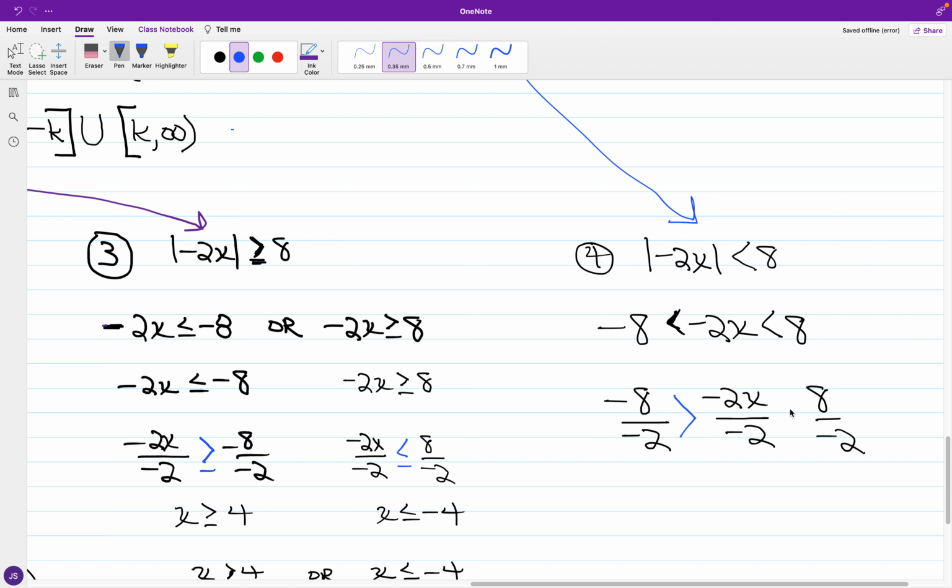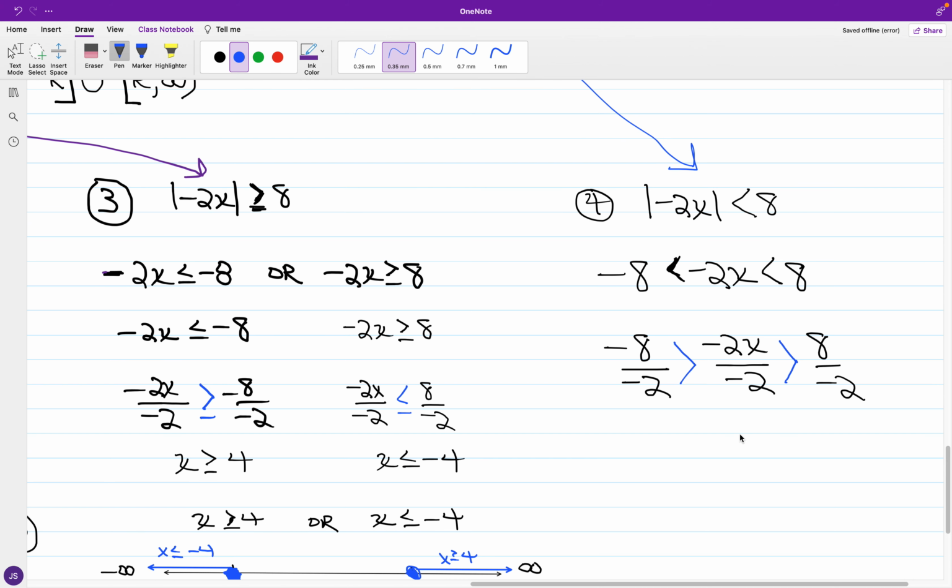So for both less than terms laid out from the previous statement, they're both going to change to greater than. So in the layout, we have negative 8 over negative 2 becomes 4.